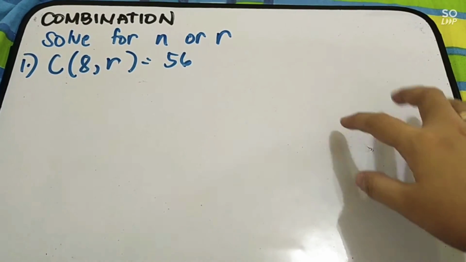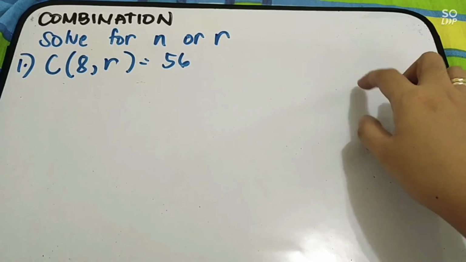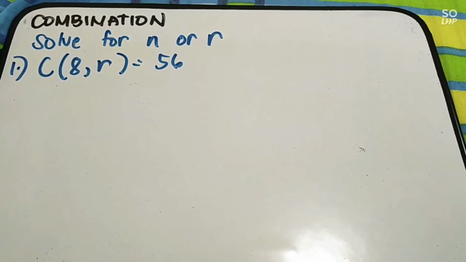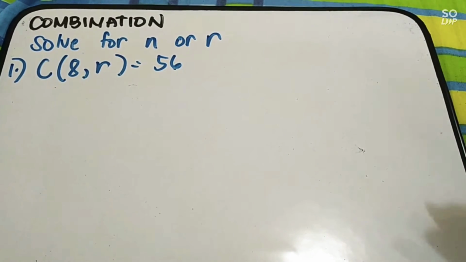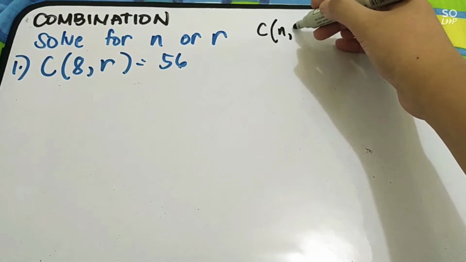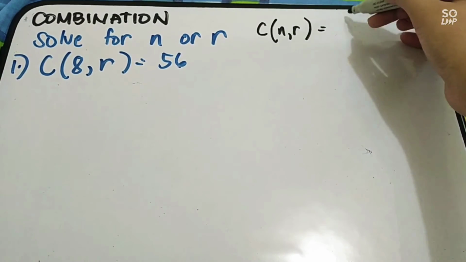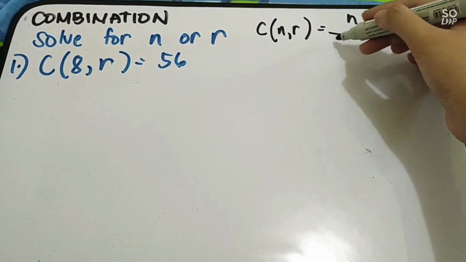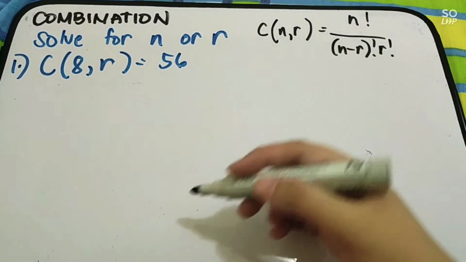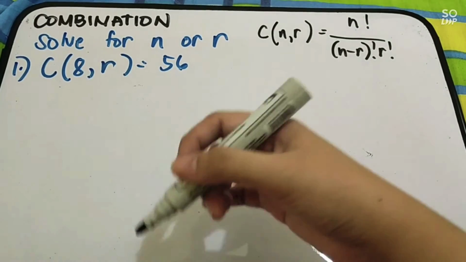Let's have solving for N or R given the combination. So, kapag ganito naman, same process pa rin siya sa permutation. Yun nga lang, ang gagamitin natin ay formula ni combination. So, ang formula ni combination is C N R is equals to N factorial over N minus R factorial times R factorial. Ayan. Then, let us substitute.